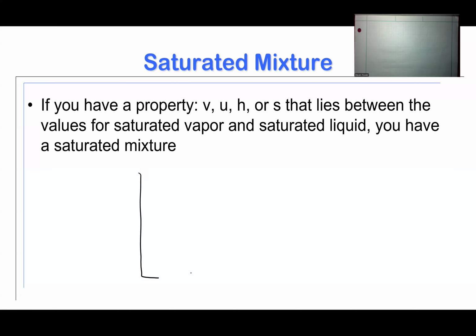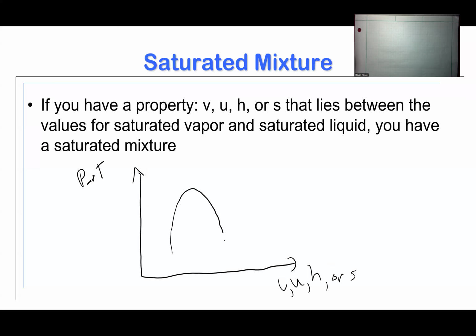We can see that if we look at this where I put T, P or T on the y-axis, and I put V, U, H, or S down here on the x-axis. Then I get my dome region.